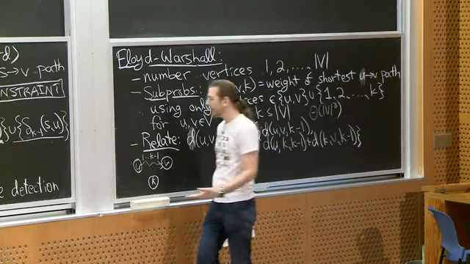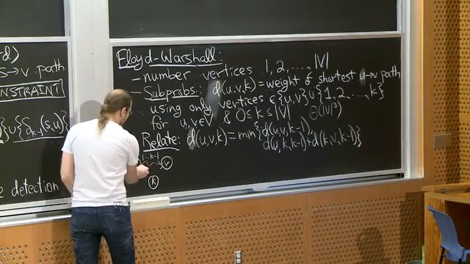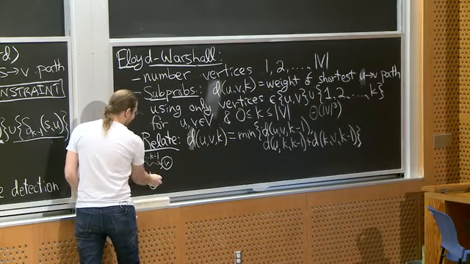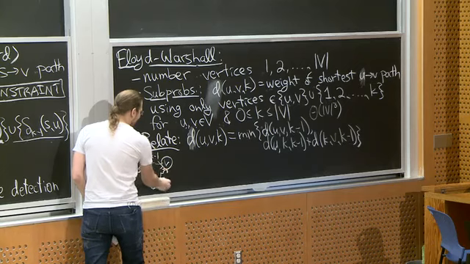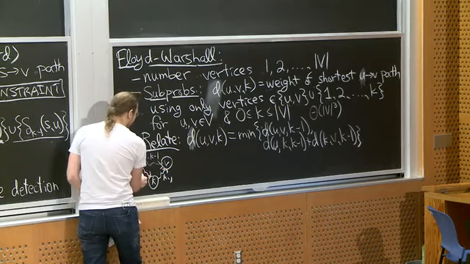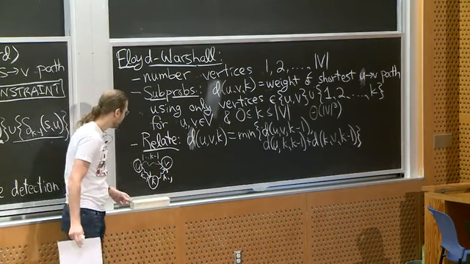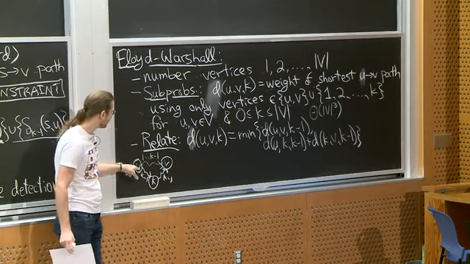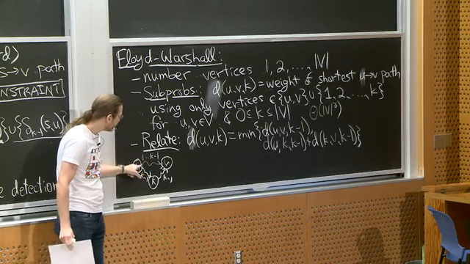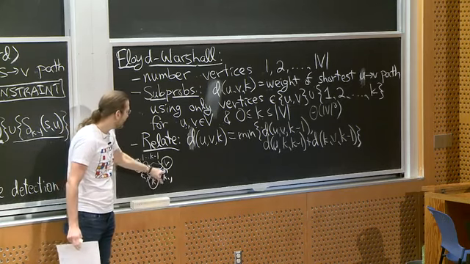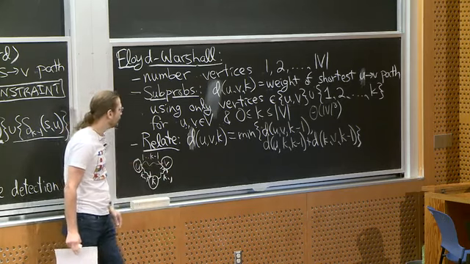Maybe we don't need to use k. Or it could be that the path goes through k. Well, it starts at u, and it goes to k, and then it goes from k to v. Okay, all using, for simple paths, if we assume there are no negative weight cycles, and you have to run Bellman-Ford to detect them, but assuming no negative weight cycles, the shortest path from u to v through k must start by using vertices less than k, and then use vertices less than k again. And that's what I've written here.